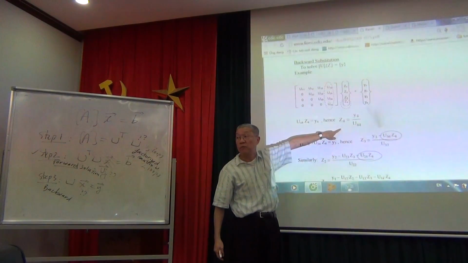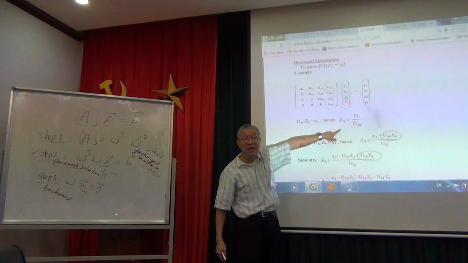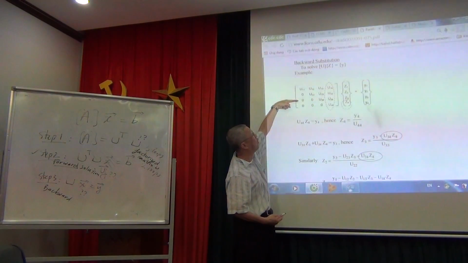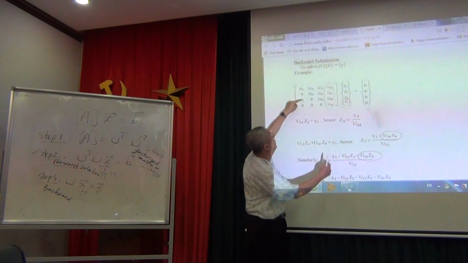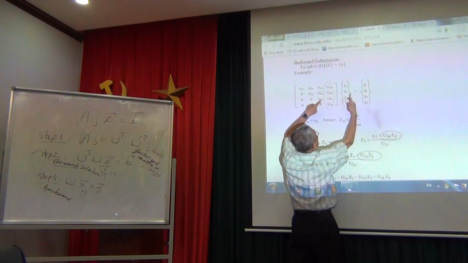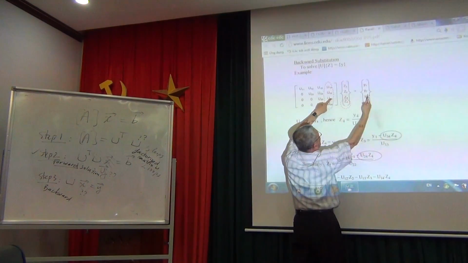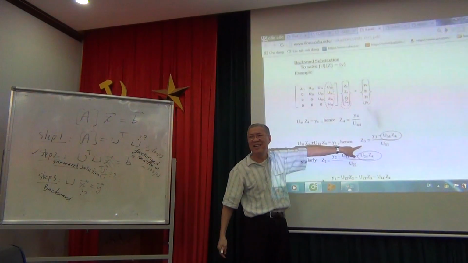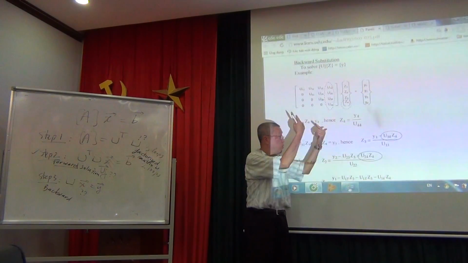So from that you can solve for Z4. Agree? And then you go backward. Look at the third equation: 0 plus 0 plus U33 times Z3 plus U34 Z4 equal to Y3. From that you can solve for Z3. Is that clear? Then you go backward.